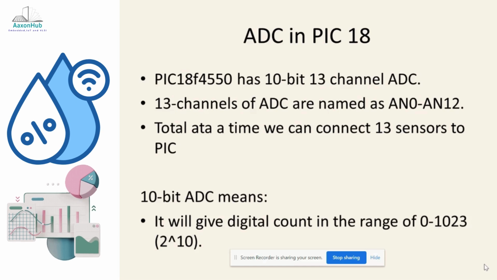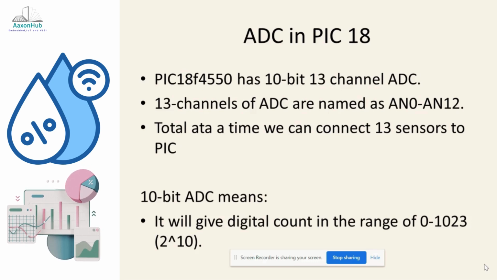Now the 10-bit meaning is nothing but 10-bit conversion. So it will give you 2 to the power 10 levels, a range of 0 to 1023 for the converted digital data.